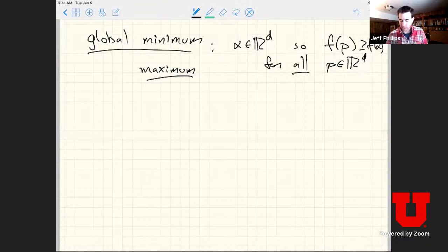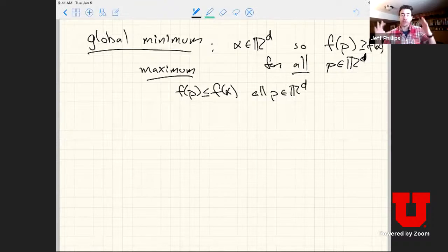So if this holds for all of Rd, and similarly, f of p is less or equal to f of alpha for all p in Rd for the maximum. So I don't have the local neighborhood restriction anymore.